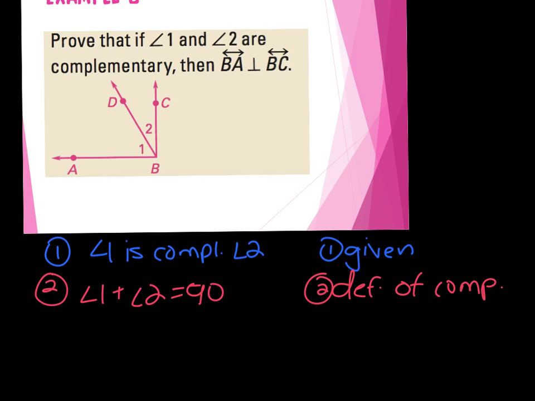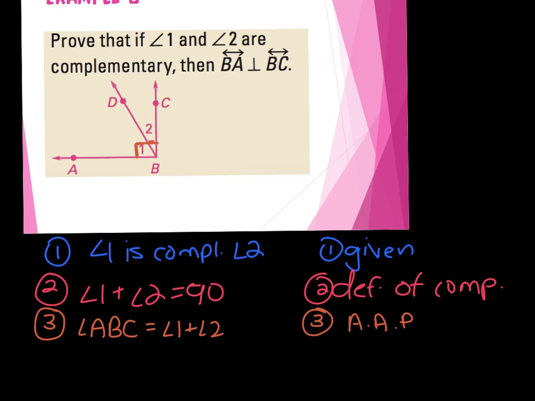How would I know that something is perpendicular? What does perpendicular mean? They make a right angle, right? So I have to say that this is a right angle. How would I make that one big angle? ABC is what? I can't show it's 90 degrees yet, but what is ABC made up of? ABD and DBC, or let's make it numbers just so it's easier, right? Angle 1 plus angle 2, what's that called? When I say that an angle is equal to the sum of its parts. Angle addition postulate.